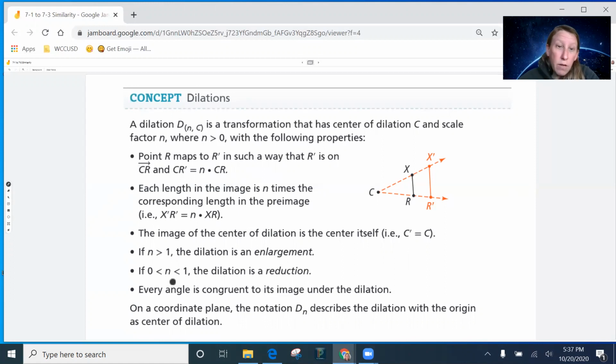For that, the scale factor is going to be a fraction between 0 and 1. You're not going to ever have a negative scale factor. That doesn't make sense. If you're on a coordinate plane and you just have a dilation with a scale factor of n, that means the center is assumed to be 0, 0.